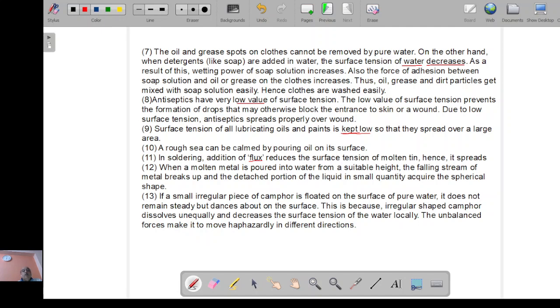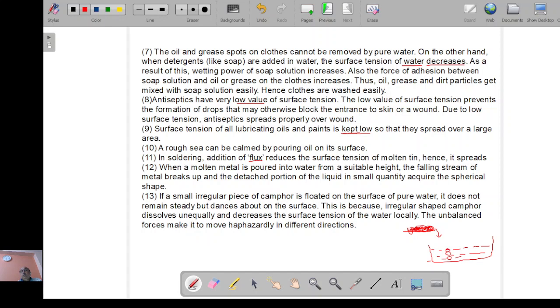When molten metal is poured into cold water from a suitable height, in a small quantity, spherical balls will be developed.